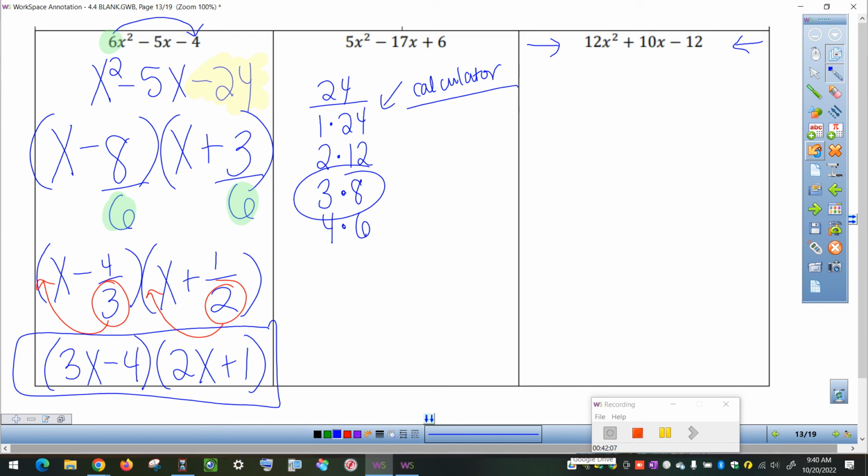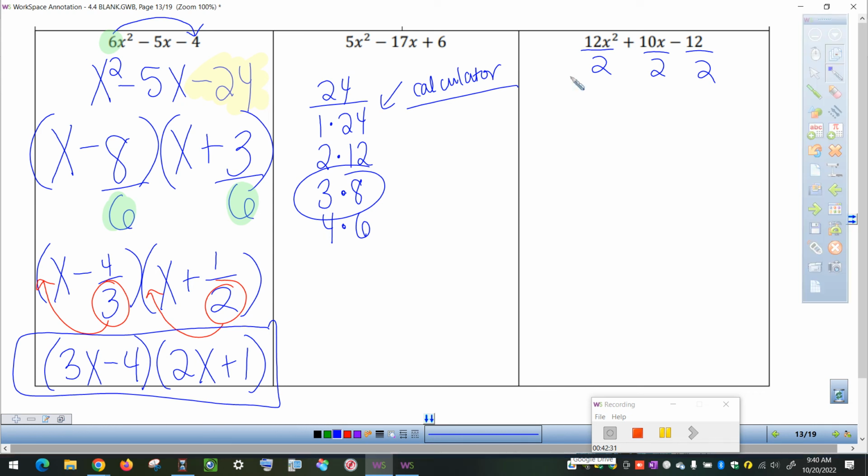But does anybody see another number that you could divide all the pieces by? What do you notice, Evan? Yeah, they're all even numbers. We could actually divide everything by 2. So sometimes there is a greatest common factor that's not the a value, it's not 12, but it is something else.